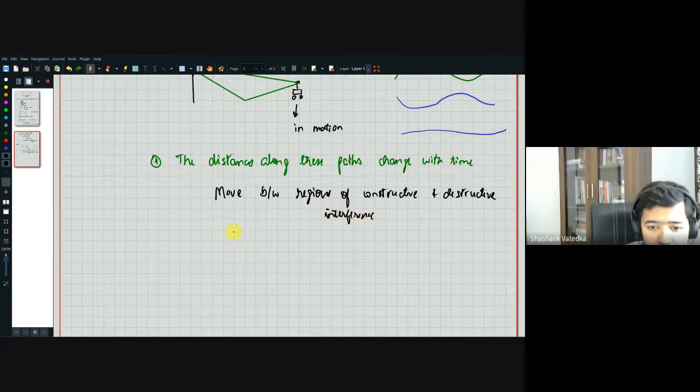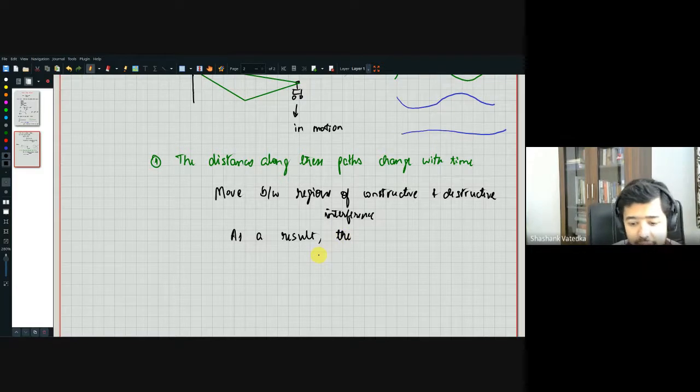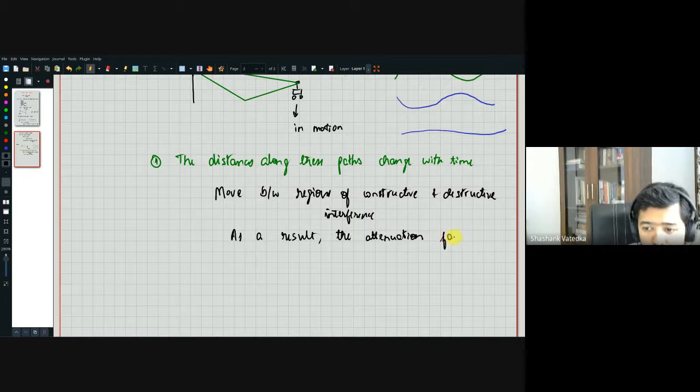So as a result, the attenuation factor varies with time.